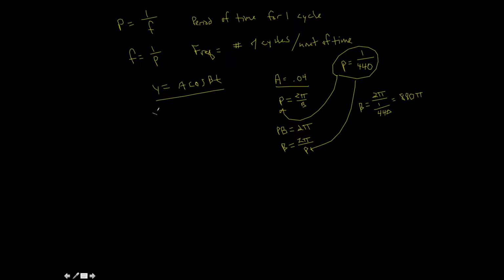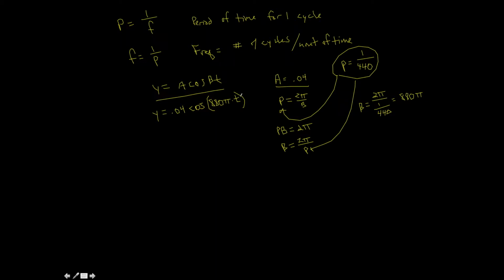So our equation is y equals 0.04 cosine of 880 pi times t. 880 pi times t.